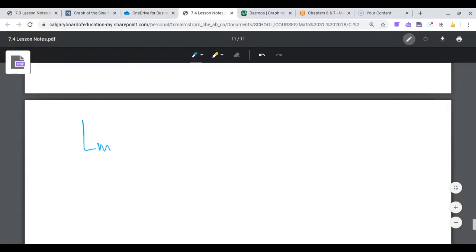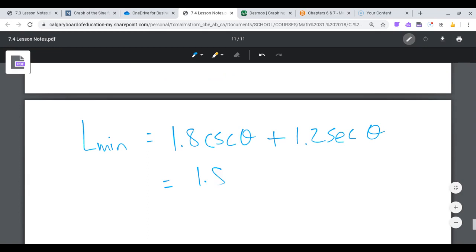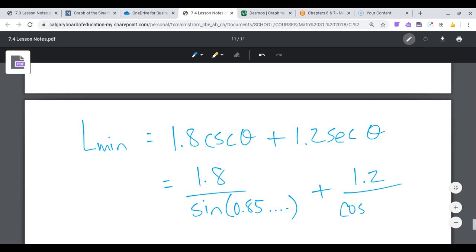So the minimum length would be equal to the function that we built at the beginning, 1.8 cosecant theta plus 1.2 secant theta. Now, I don't have a cosecant button, so cosecant is 1 on sine, and my angle is 0.85 blah, blah, blah. Hopefully you saved it in your calculator. And I have 1.2 on cos, 0.85 blah, blah, blah.